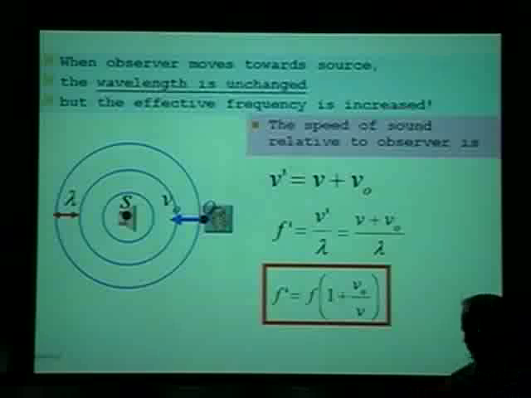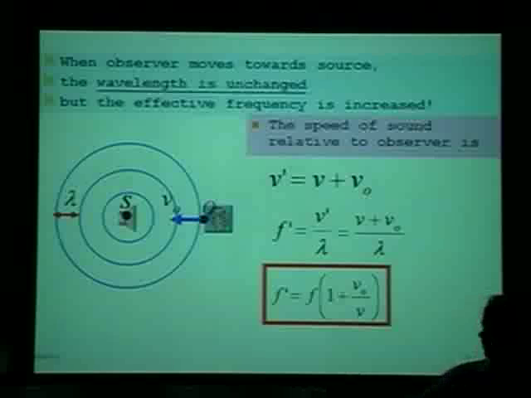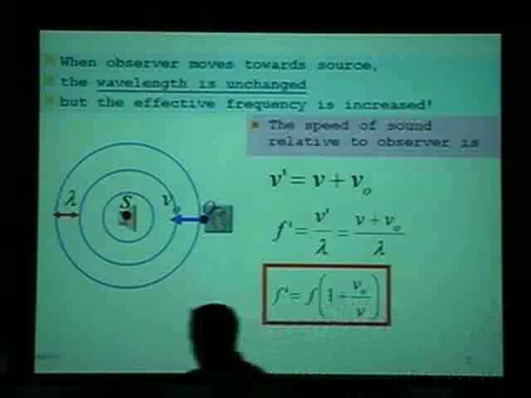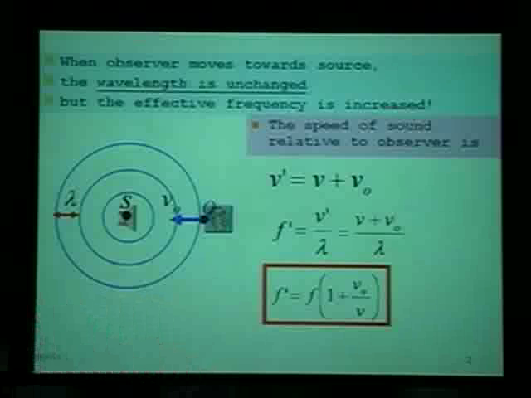Well, if I'm the observer, let's say the source is putting out a frequency of 400 hertz, for example. Let's say I start moving towards the source at 1 meter per second. What frequency do I observe? According to this formula, I would observe a frequency equal to the 400 hertz times 1 plus the fraction of my velocity over the velocity of sound.